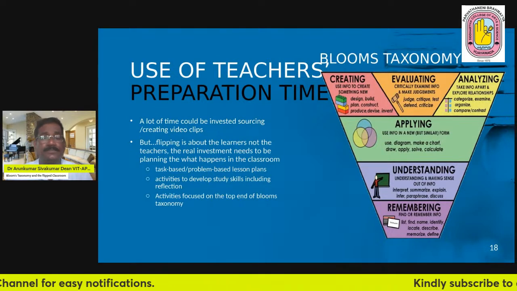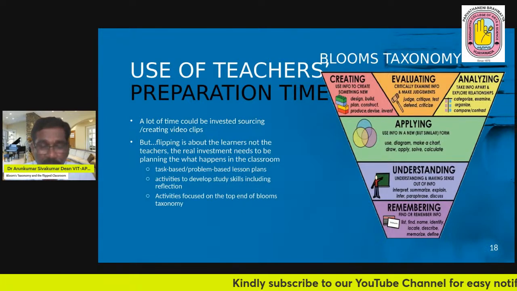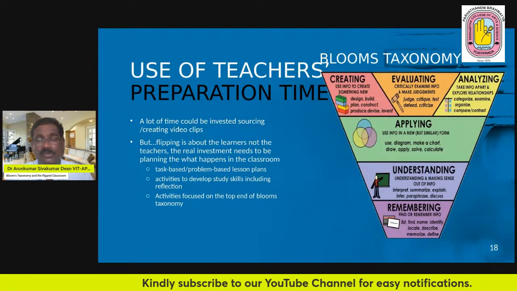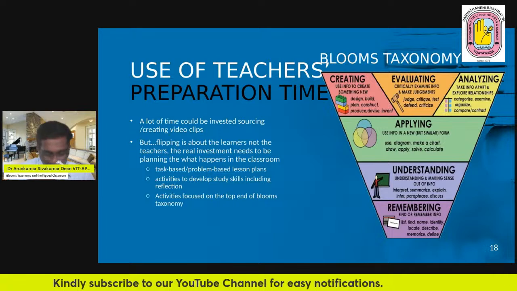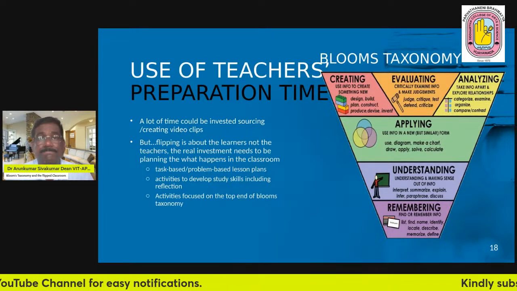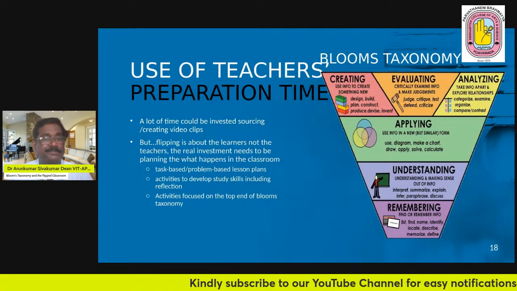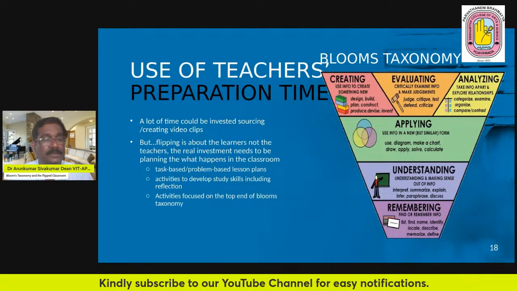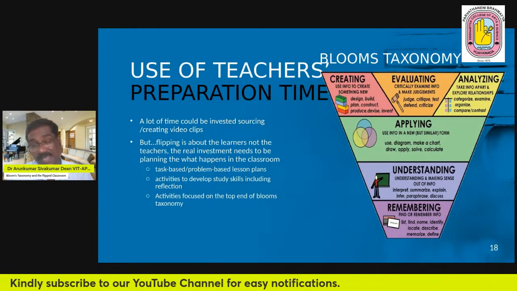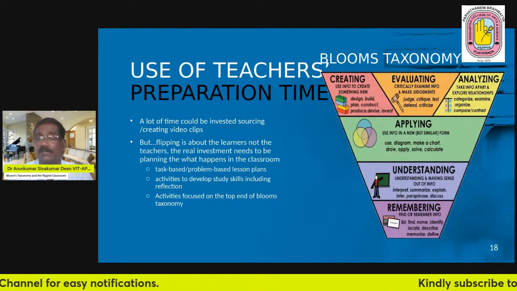Next one is after the classroom. When you look at Bloom's taxonomy, after the classroom is very important. Say, for example, I asked you to do a lot of applications, on how consumer behavior and impulse behavior are determined. Some kind of contextual things I'm giving to the students.